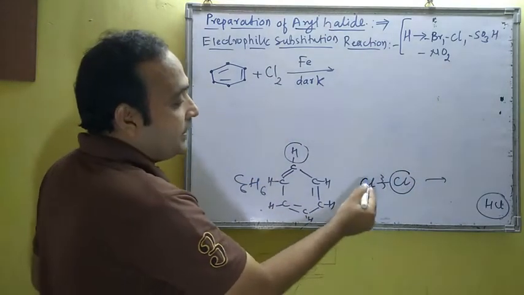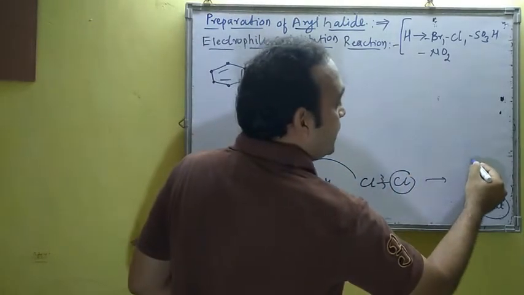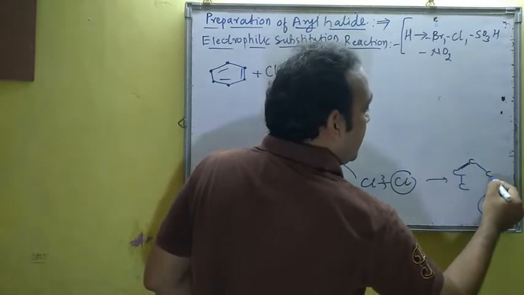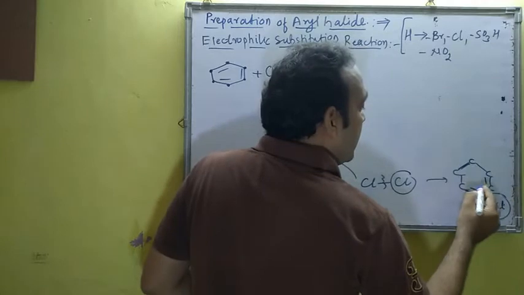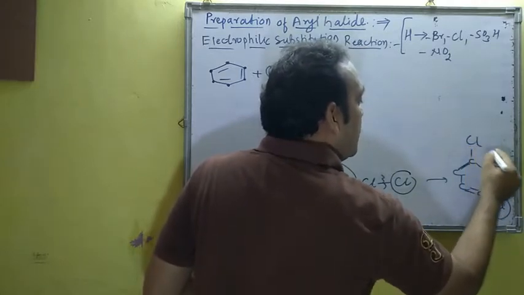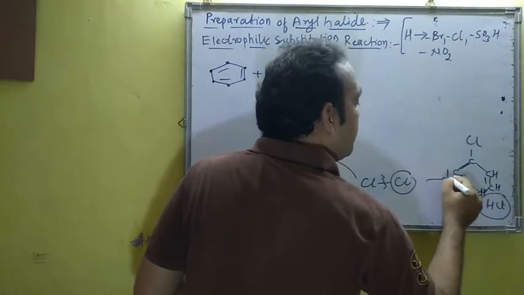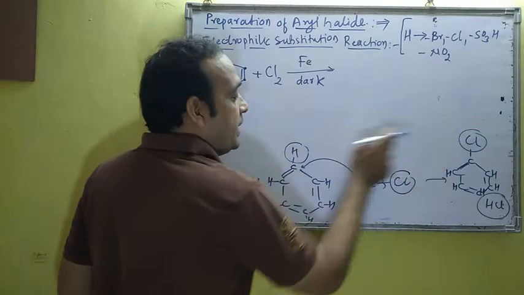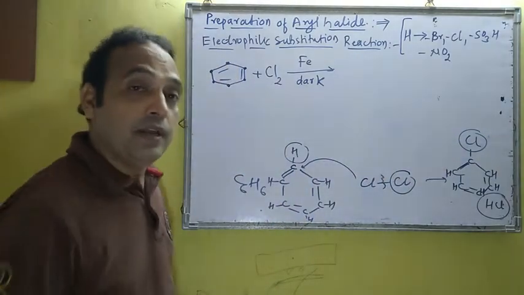This remaining Cl attaches to this carbon, and we will get the product like this. Now see, this one is my benzene. When you observe the structure, this one is also benzene, but what is the basic difference in this benzene ring? One H is replaced by Cl, and this is called electrophilic substitution reaction.